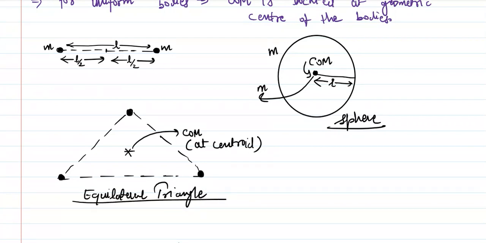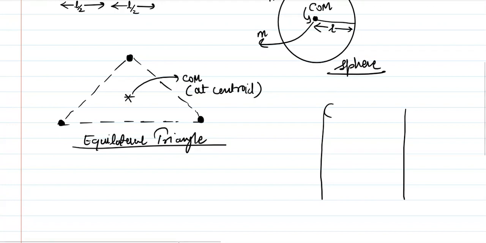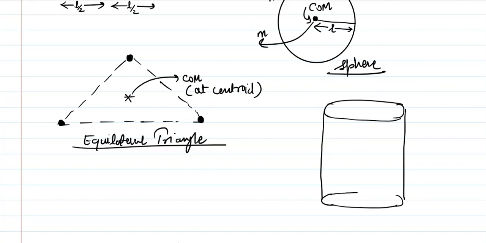Okay, let's take another case. Suppose we have a right angle cylinder. And let us suppose the altitude of the cylinder is h from the ground.